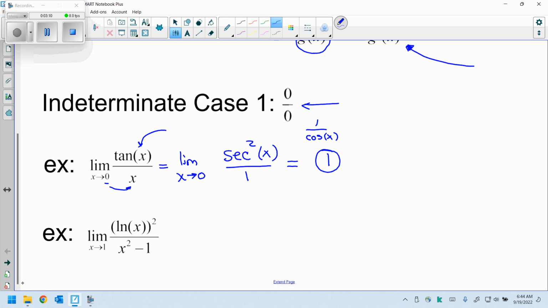If I were to put a 1 in for x and put a 1 in for x, 0 squared over 0. Okay. Again, only really close to 0. So I'm going to have to chain rule the top. We're going to take the limit as x approaches 1. 2 natural log of x to the first times 1 over x over 2x.